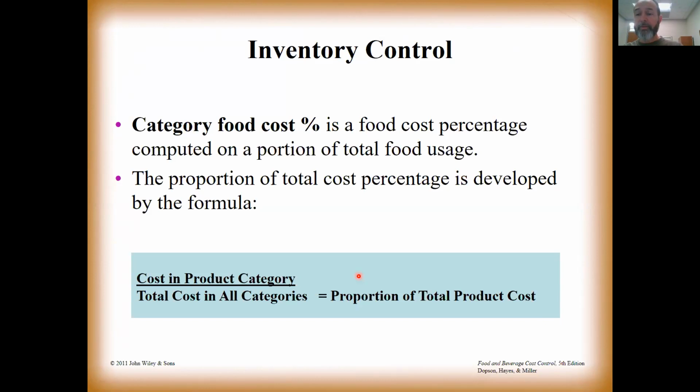So typically this should come close to our menu, but if there's some things going wrong, if people are using products the way they shouldn't be, the way you have outlined it in your standardized recipes, or the way your menu lists items, then you could track it down through, number one, these different categories, and number two, the category food cost percentage. So what we're going to take is the cost of the particular category and divide that by the cost of all categories to give us the proportion. So this is helpful.